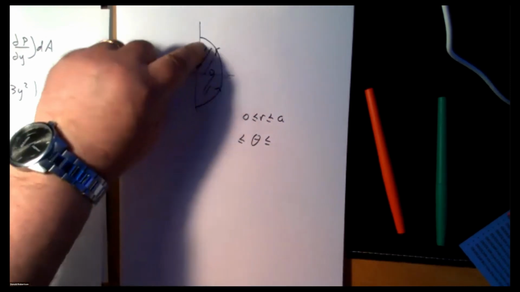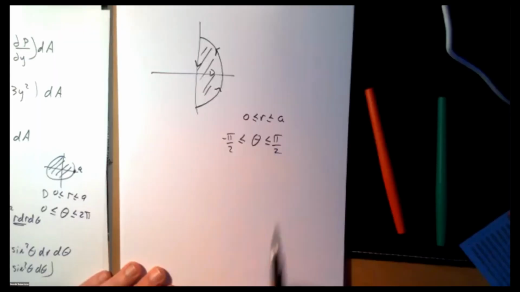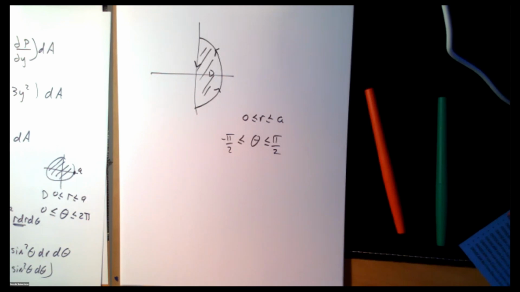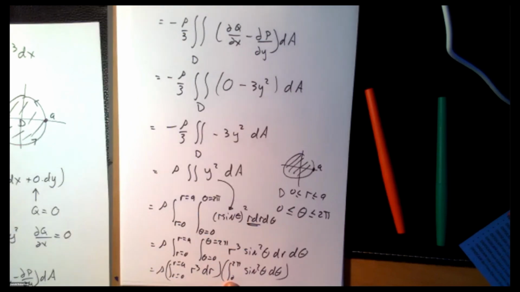Now, if you want to describe this region, where would you start as your theta and where would you finish? Negative pi over 2 to pi over 2. Good. It's so easy to forget that negatives are valid answers in these questions. Right. Now, if I went back to here, wouldn't the only change to my answer be negative pi upon 2 to pi upon 2?